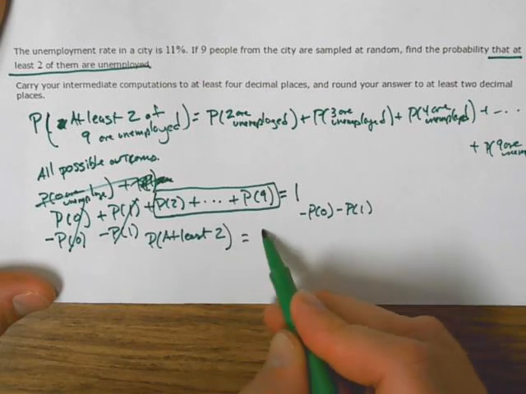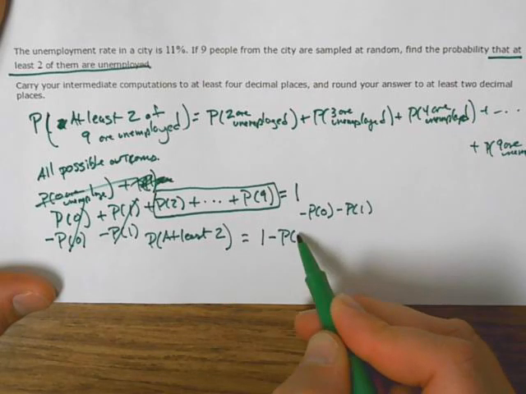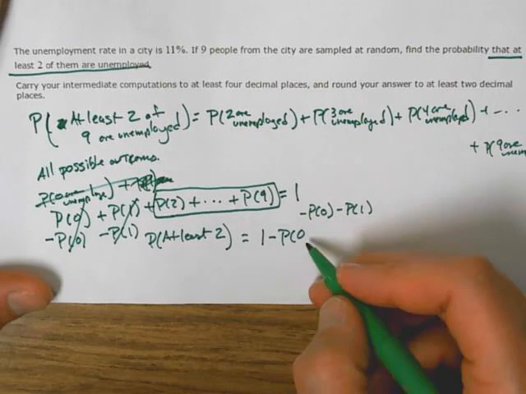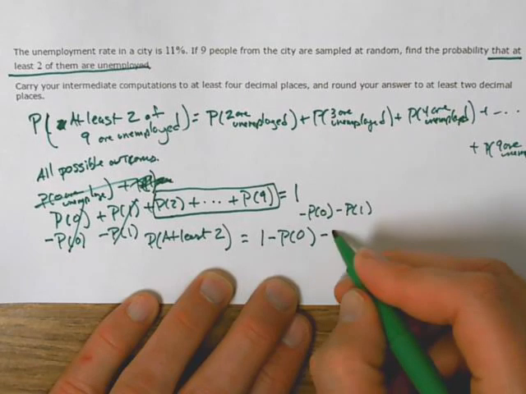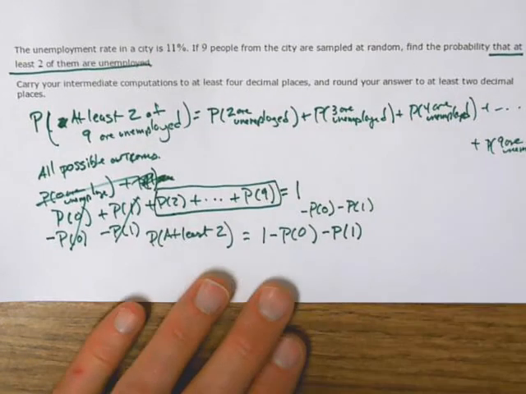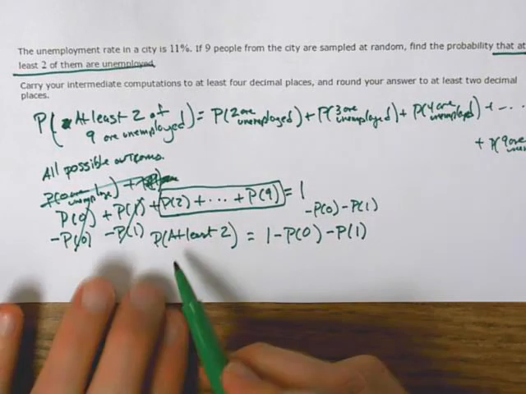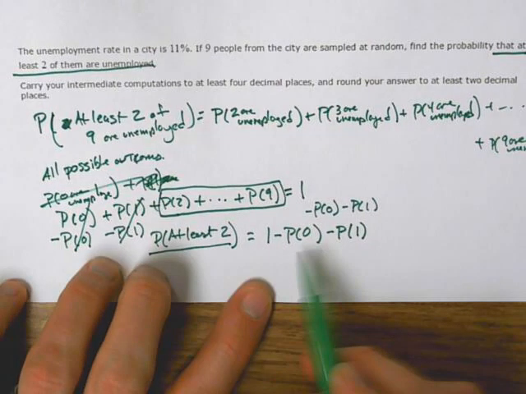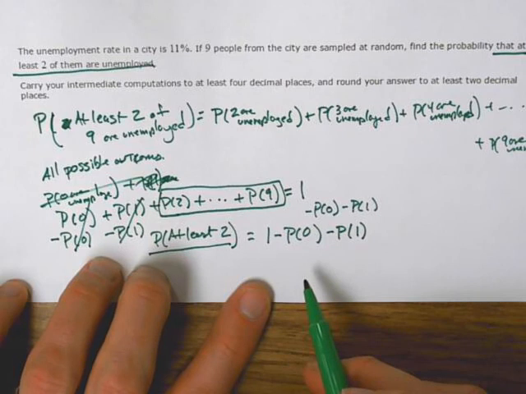That would be 1 minus the probability of 0 being unemployed minus the probability of 1 person being unemployed. So I just found what I wanted in a much tidier and easier way.